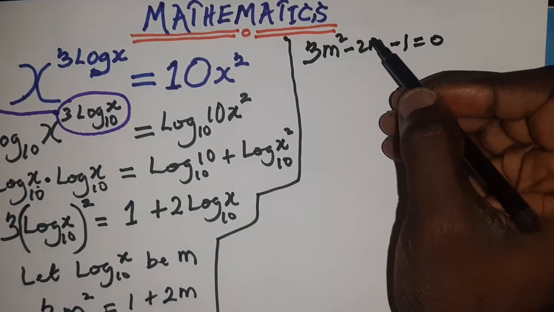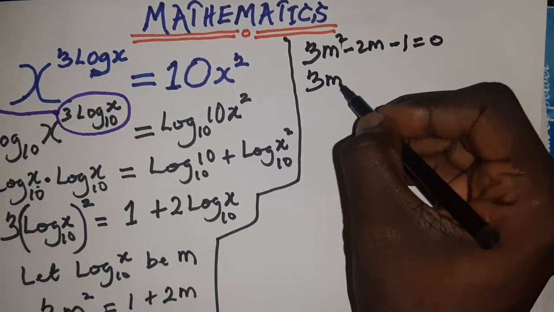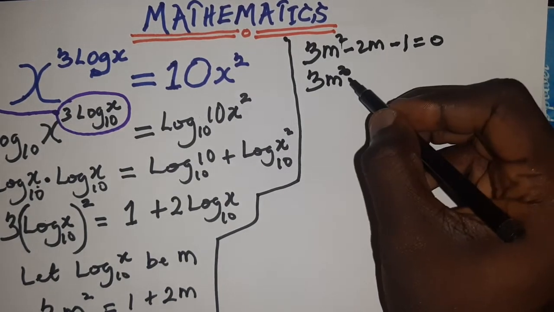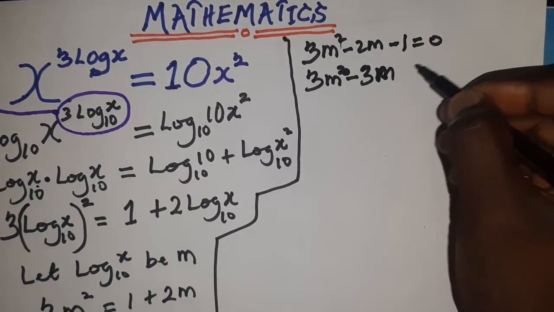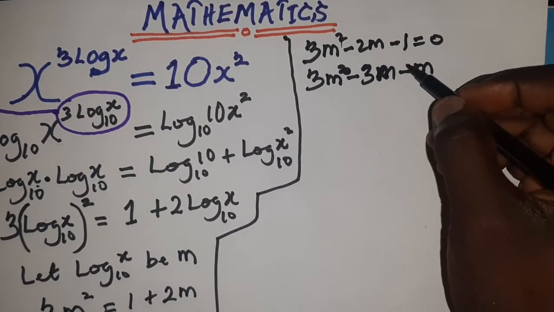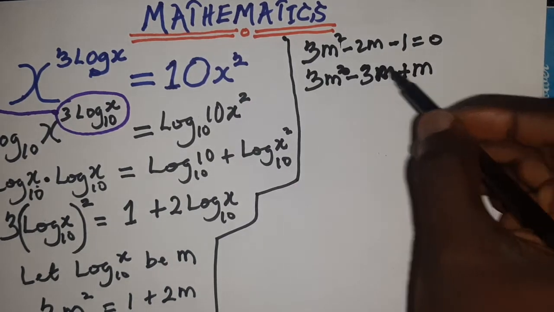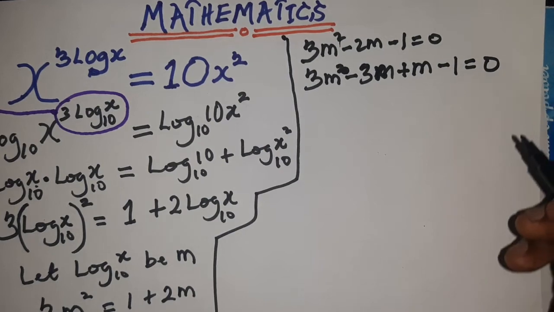So using factorization method, replacing the minus 2m, I have 3m squared minus 3m plus m, which suits well, replaces the minus 2m because you owe 3 and you pay 1, you're still owing 2, minus 1 equals 0. So this is the perfect way to factorize.